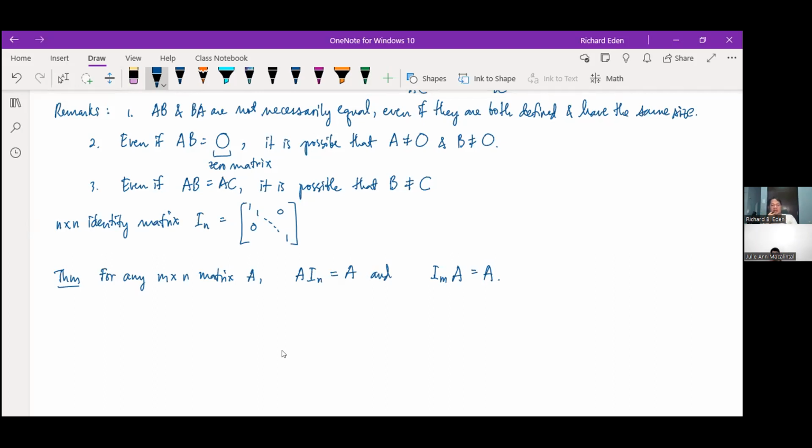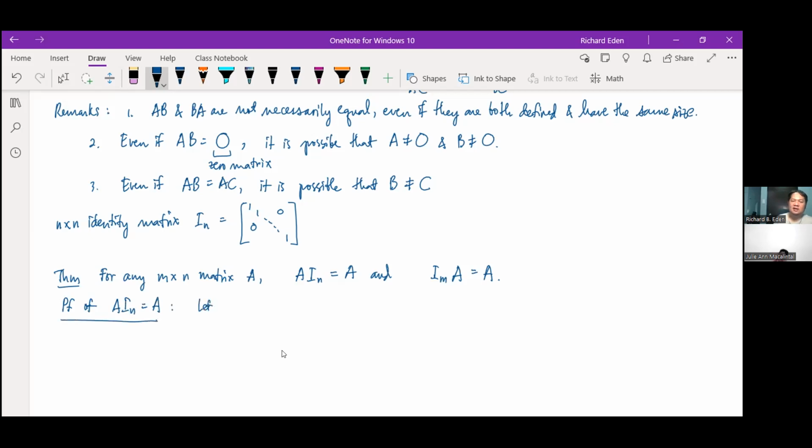Okay. So if you write down the multiplication, it all falls into place. Okay. But let's indulge ourselves and try to prove, let's say, the first one. Proof of A I sub n is equal to A. Okay.